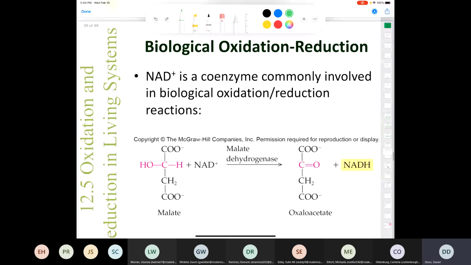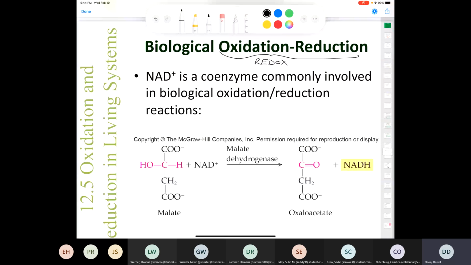All right. Here's an example of a biological oxidation reduction reaction. By the way, oftentimes in chemistry, you refer to oxidation reduction reactions as redox reactions. So redox, you've probably seen that in your chemistry 101.